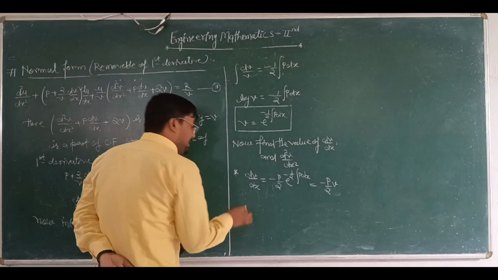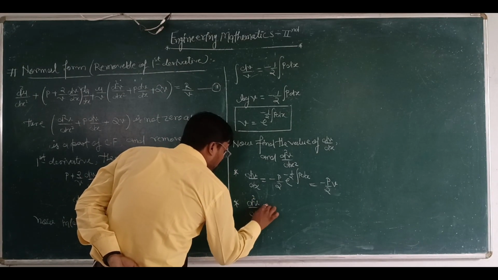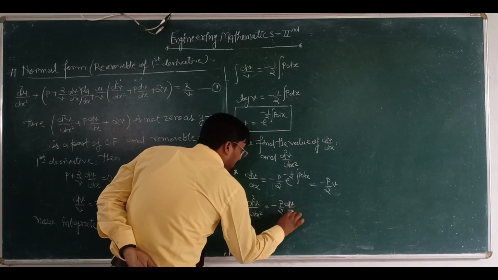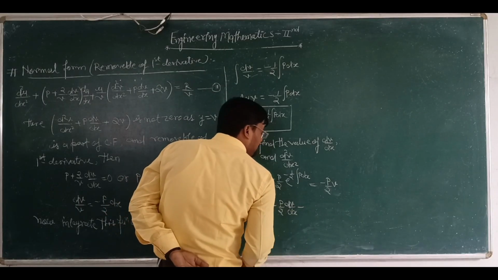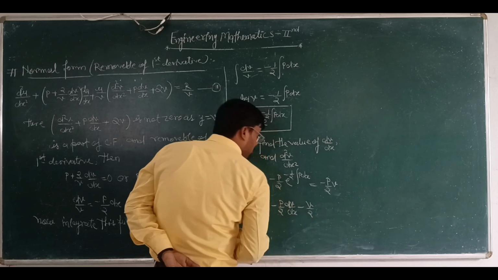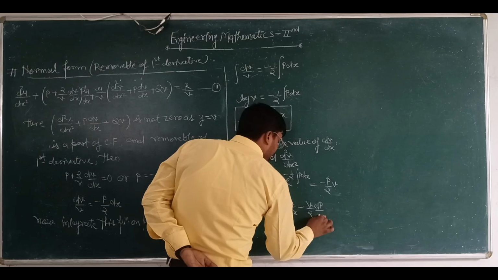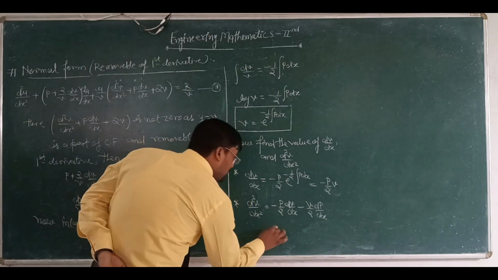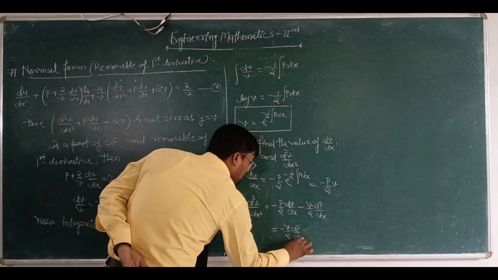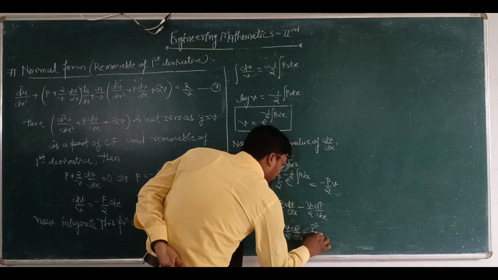This is the value of dv by dx, and again the value of d2v of dx2 is equal to minus p by 2 dv of dx minus v by 2 dp of dx.